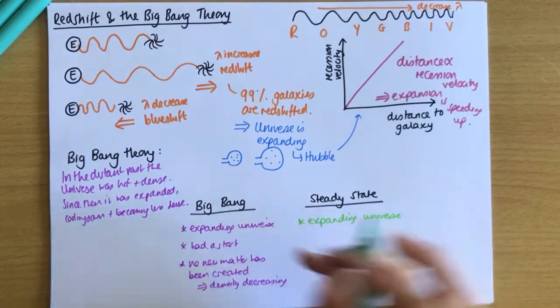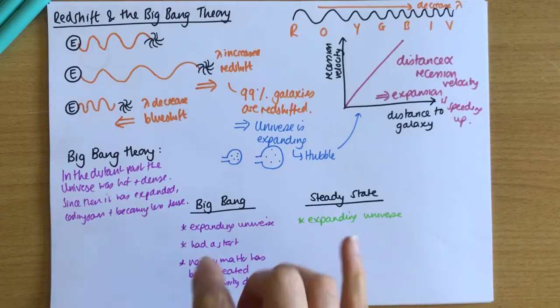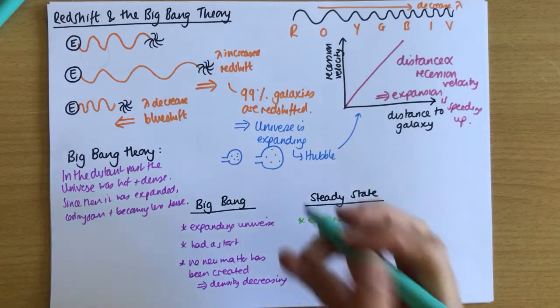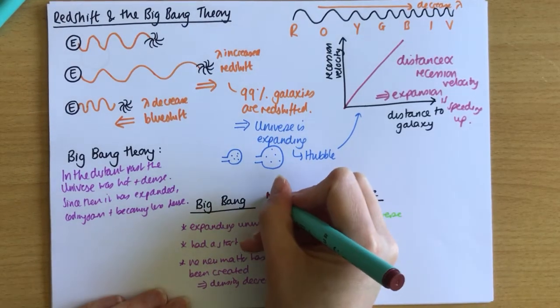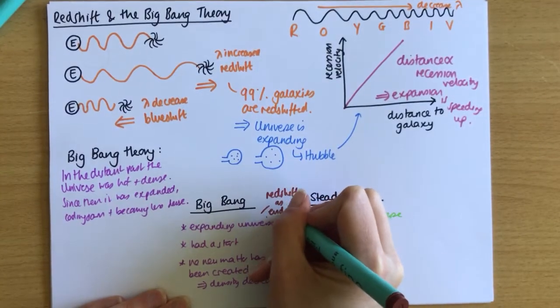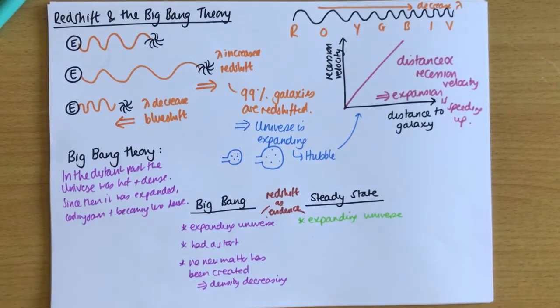And it says that because these were both come up with after Hubble had worked out that the universe was expanding. So they both have some evidence of redshift. As we knew the universe was expanding, we had to put that into the theory. And the evidence for that is redshift.